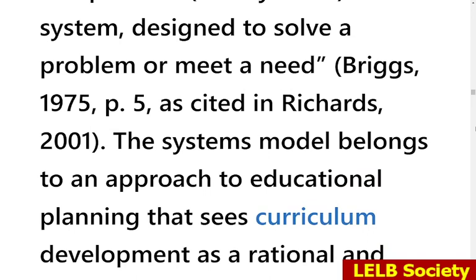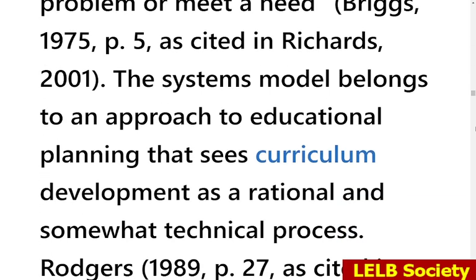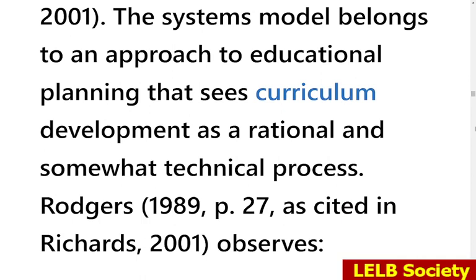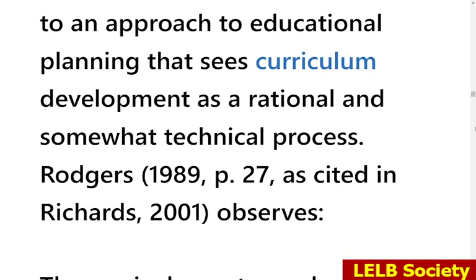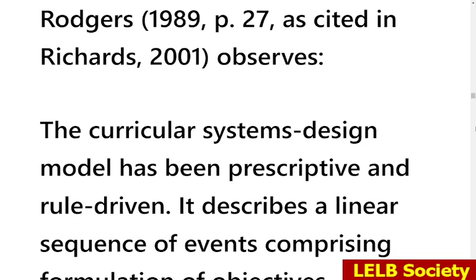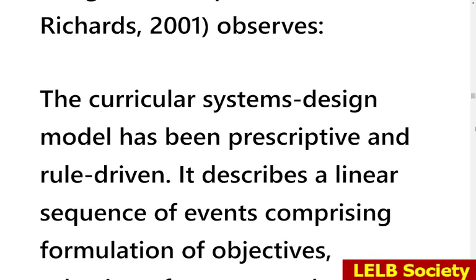The systems model belongs to an approach to educational planning that sees curriculum development as a rational and somewhat technical process. Rogers, 1989, page 27, as cited in Richards, 2001, observes, so the whole paragraph is a quotation, the curricular system design model has been prescriptive and rule-driven.